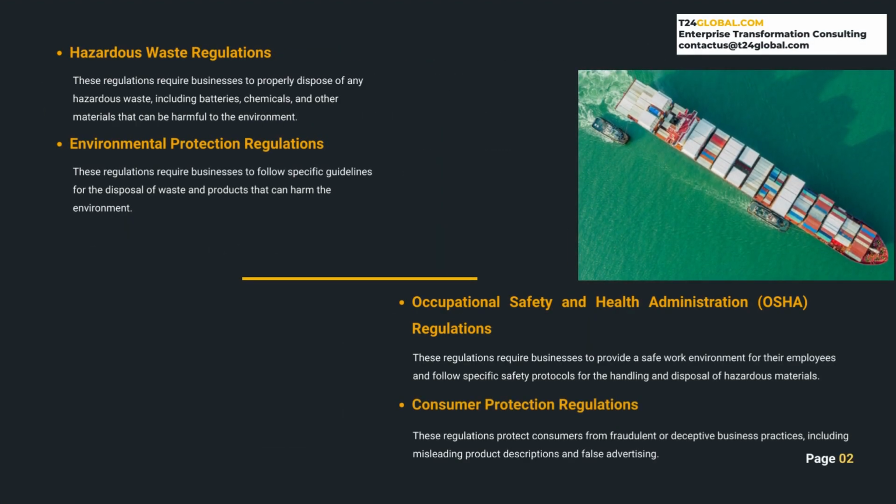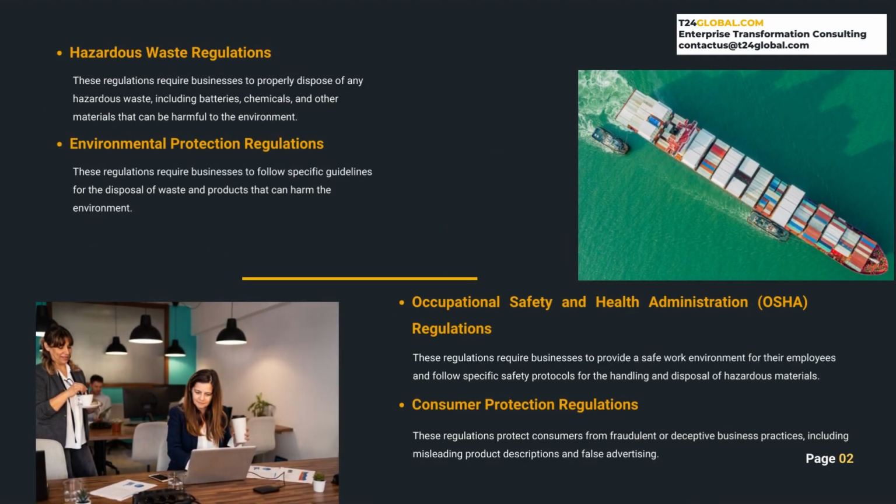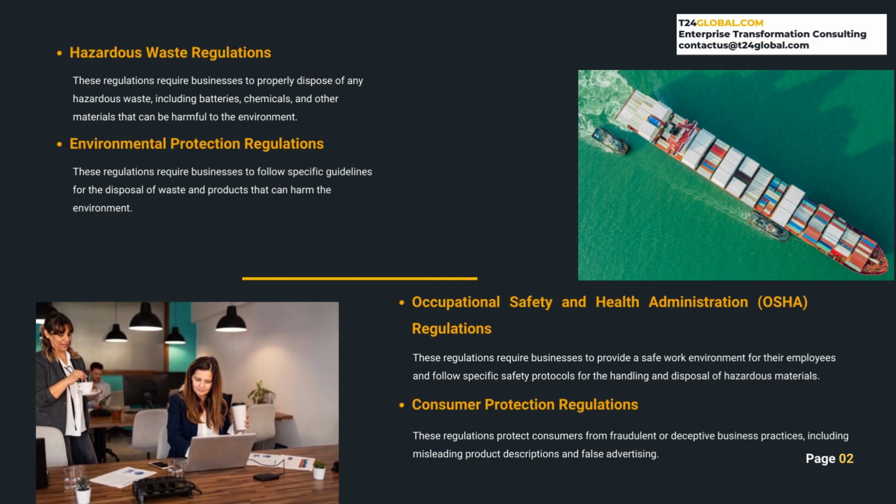1. Hazardous waste regulations. These regulations require businesses to properly dispose of any hazardous waste, including batteries, chemicals, and other materials that can be harmful to the environment. To comply with these regulations, businesses must properly store hazardous waste, label it appropriately, and transport it to a licensed hazardous waste disposal facility.